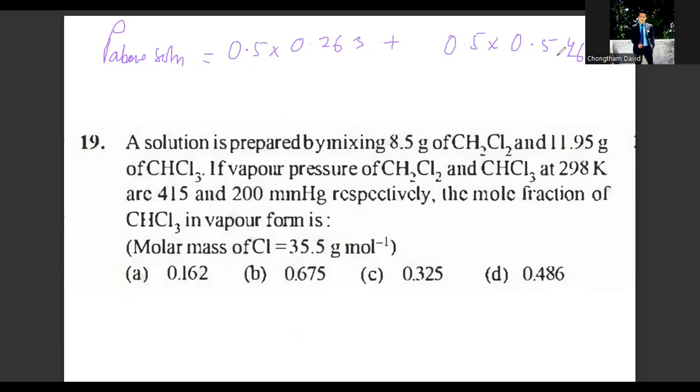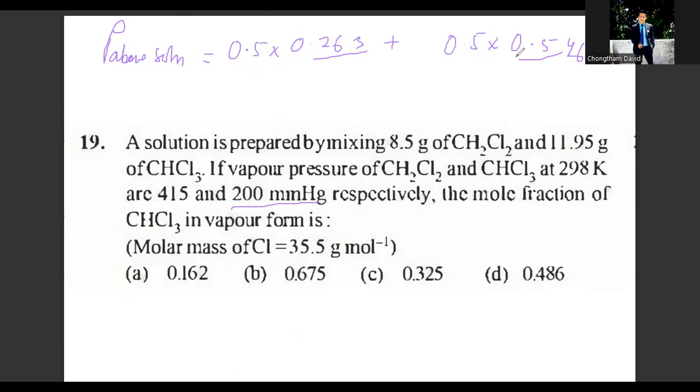Okay, so you are given the pressures in terms of millimeter mercury. You need to convert this to atmospheric pressure. 1 atmosphere equals 760 millimeter mercury. So I have just converted this millimeter mercury into atmospheric pressure. From the given millimeter mercury pressure, you have to convert to atmospheric pressure.